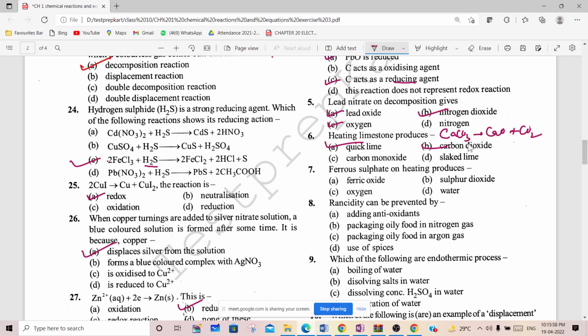Yes or no? It gives ferric oxide, oxygen, and sulfur dioxide.